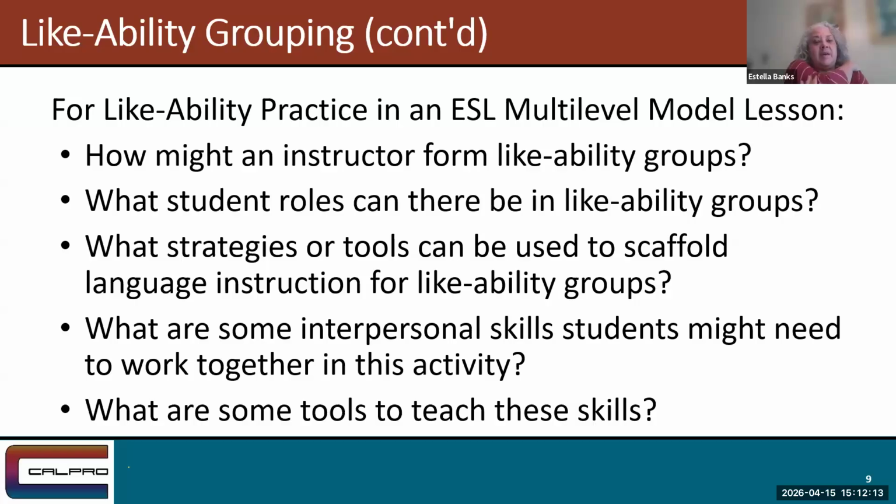I was going to share an anecdote from when I taught ESL, and one of the first times that I put students into groups without being fully prepared for this and preparing the students. It was a cross ability group, and one of the students was very low, and there were others that were higher, of course, in the group.